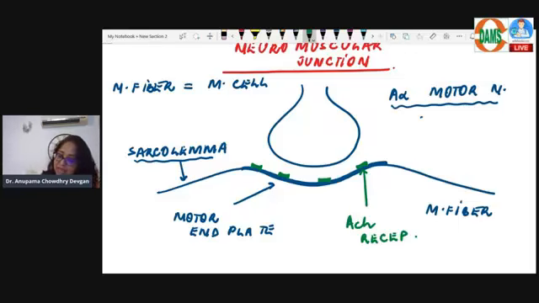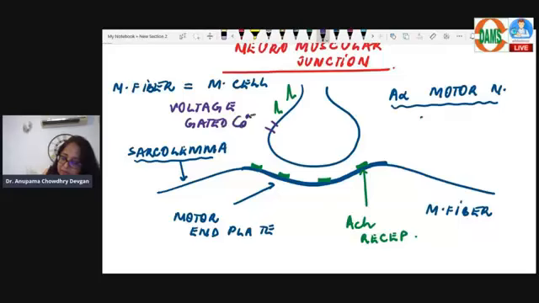Now, the moment the action potential reaches here in the A alpha motor neuron, present on the neuron are voltage gated calcium channels.